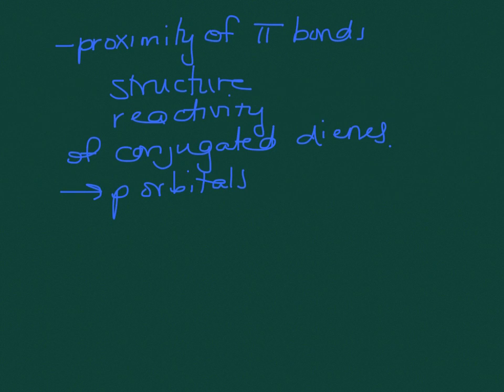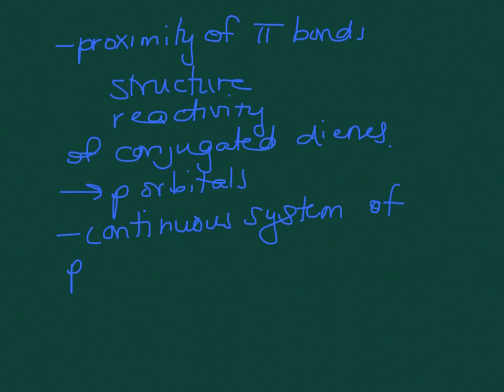And in conjugated dienes, you have a continuous system of p orbitals. And as a result, the electrons are going to delocalize.